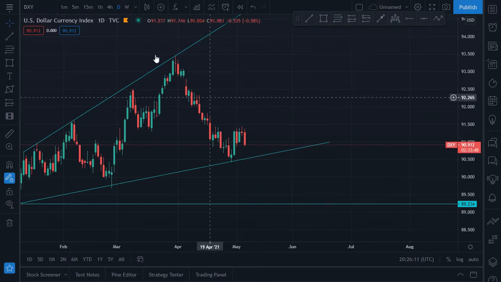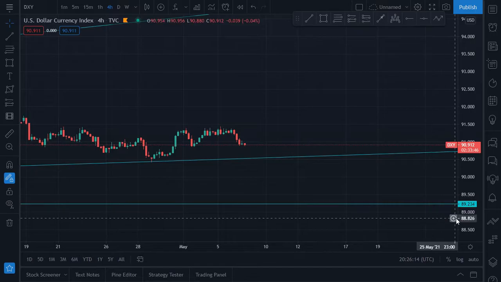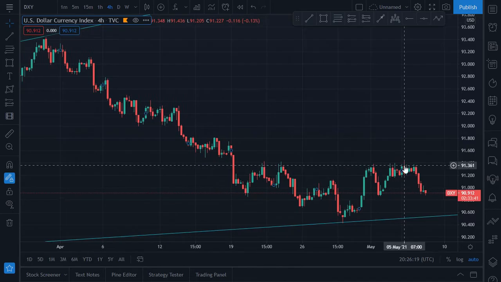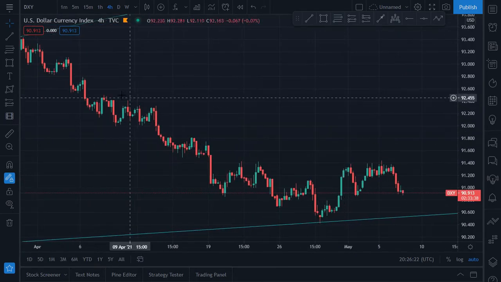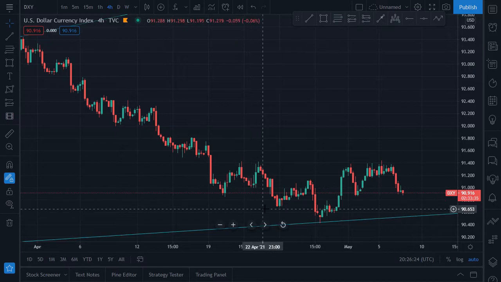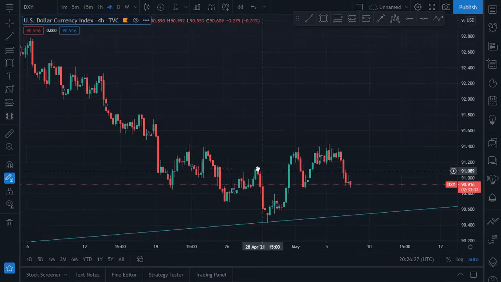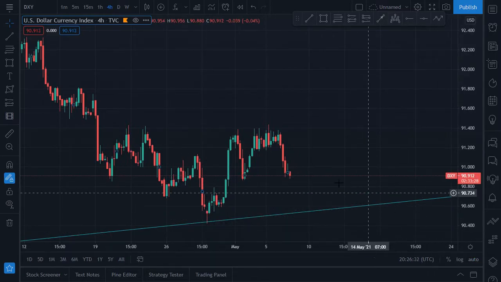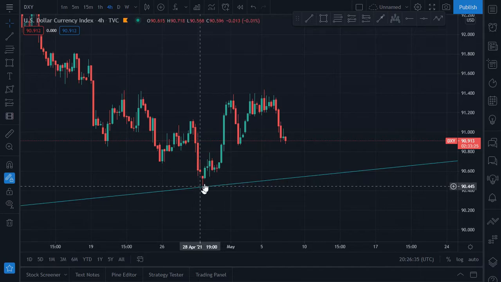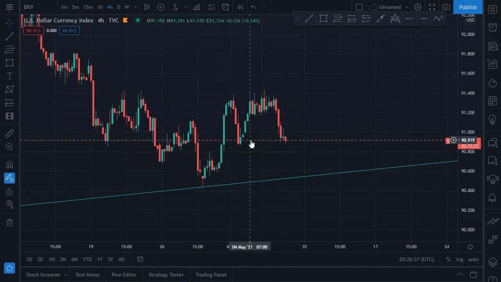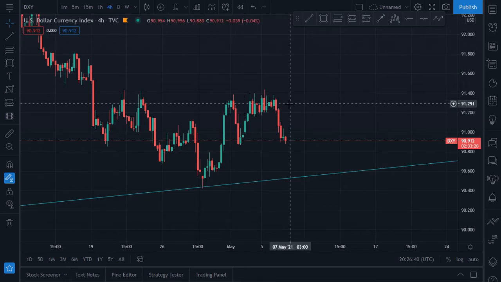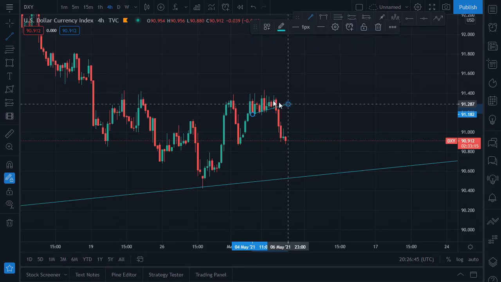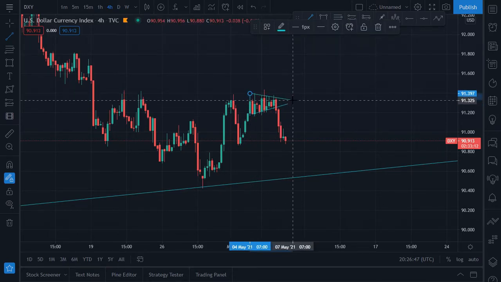Now we can move on to the 4-hour time frame. Here we had our downtrend, and the market reversed right here. The market tried to create a lower low, but then it failed. Here we had an impulse, correction, impulse, correction, impulse. Now we are currently in a correcting phase, which is right here.